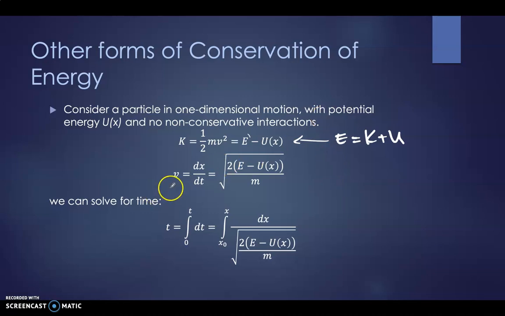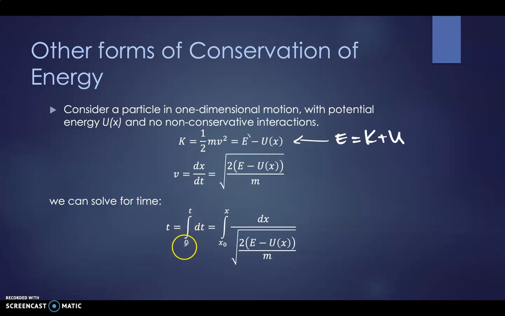Okay, then we can solve for our velocity, which is the same thing as saying dx dt. And that'll be equal to the square root of 2 over m times E minus our potential. We can then use this to solve for time, and that will be in a derivative form. So t is going to be the integral form.